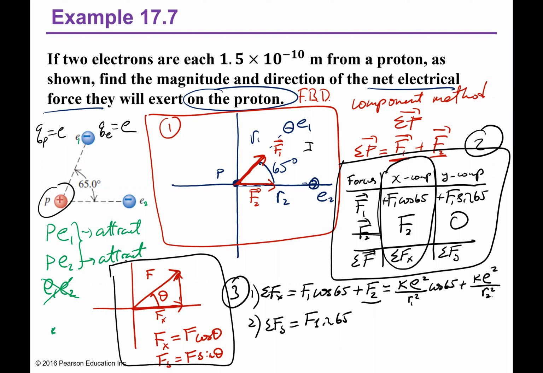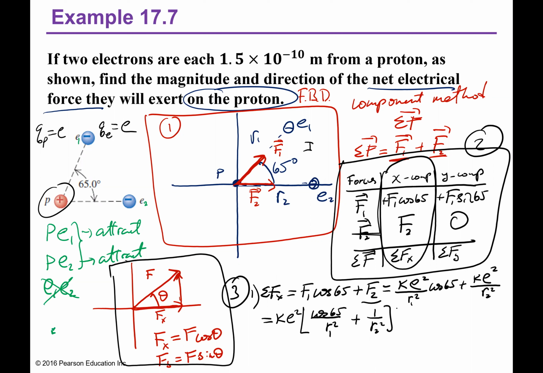Okay, so this is basically what I have. All right, so let me do the calculation here. I can pretty much factor out k e squared, right? And what I get here is cosine of 65 over R1 squared, plus 1 over R2 squared.